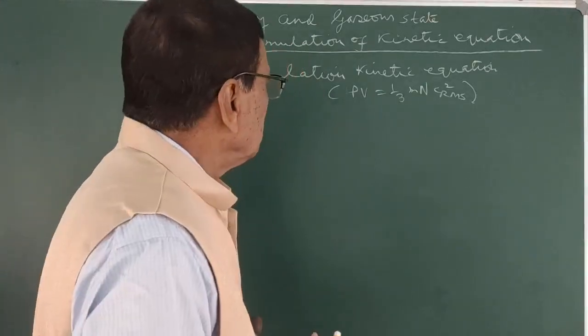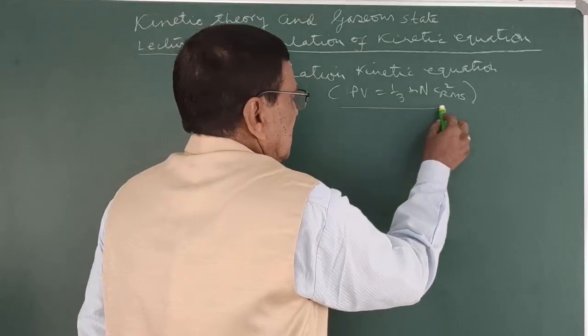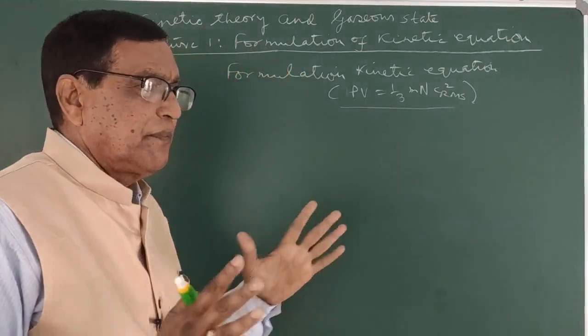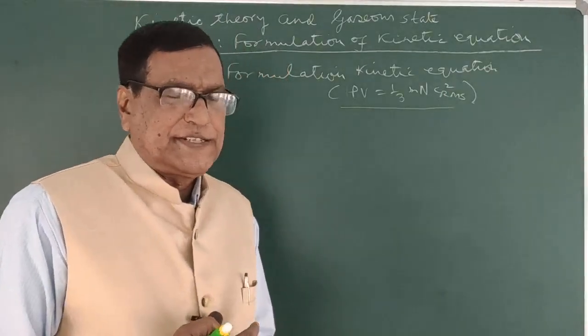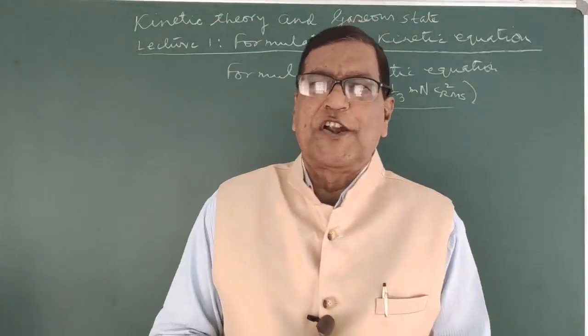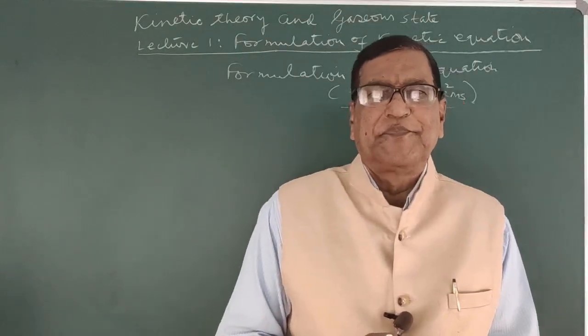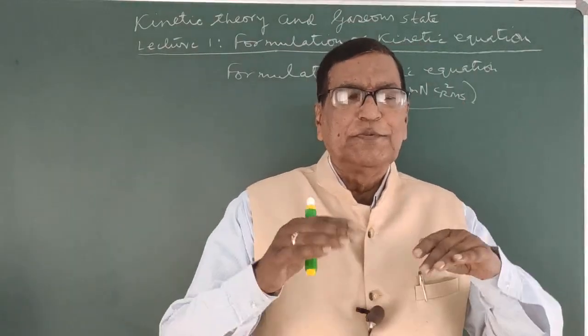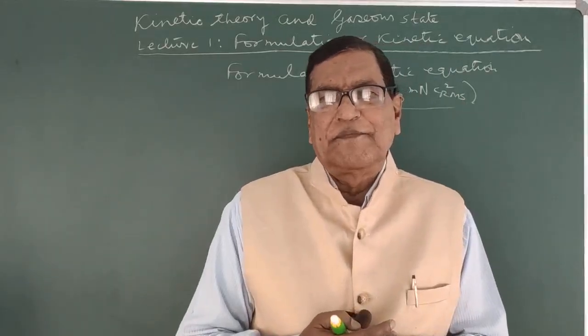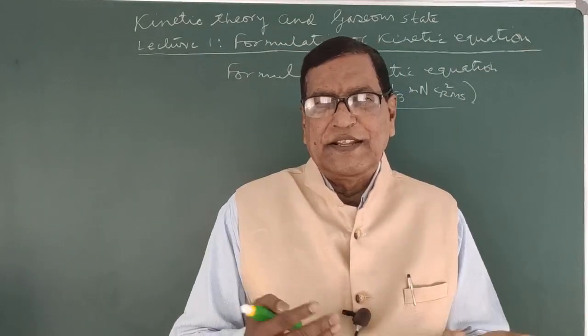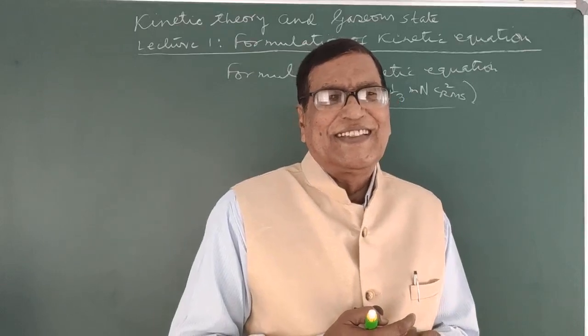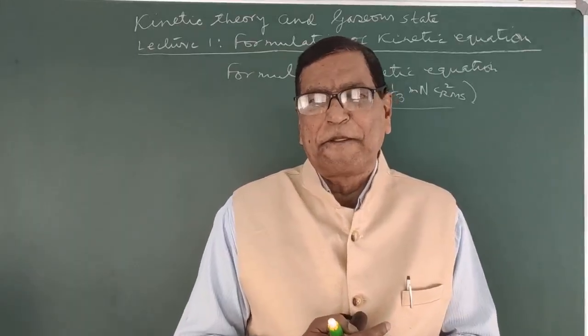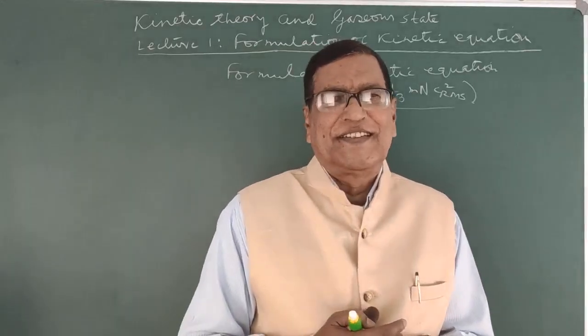So, in order to formulate this one, we can take a very simple shape of this container, and the simple shape that we can use here is the cube. Cube is the next to highest symmetrical in nature.